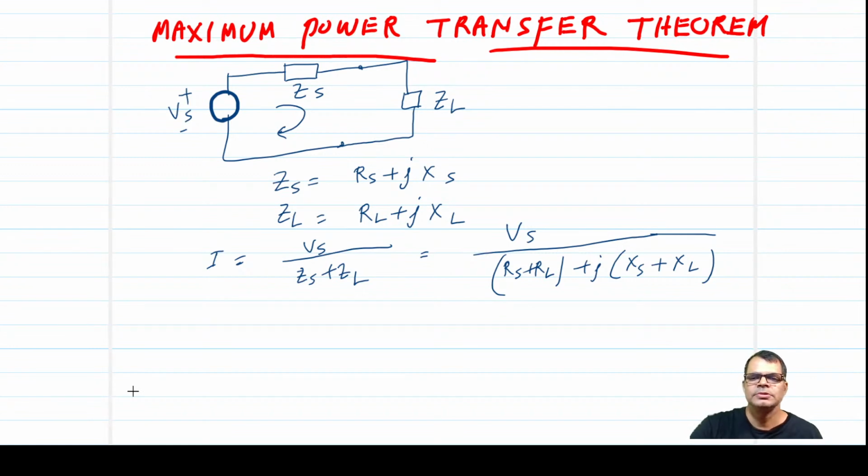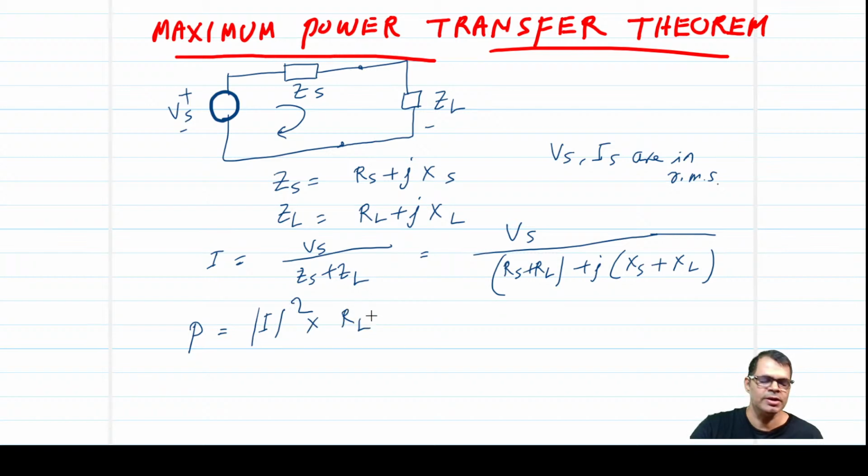Now come to the total power delivered at the load. I am assuming that these Vs and I are in RMS or effective value. You know that the power delivered or absorbed by the load ZL is equal to magnitude of I square into the real part of the impedance.